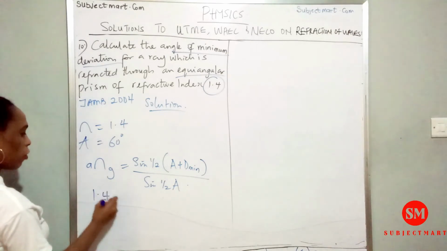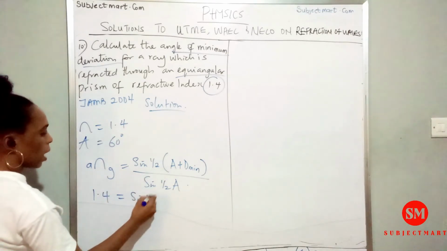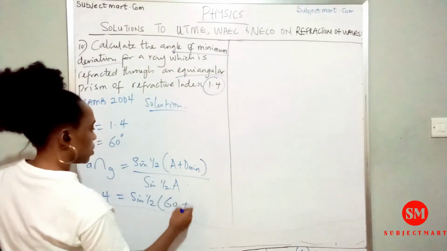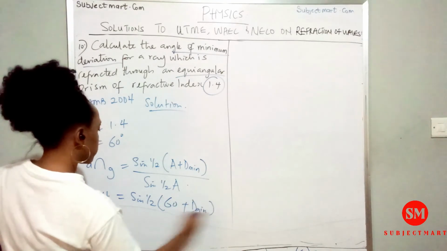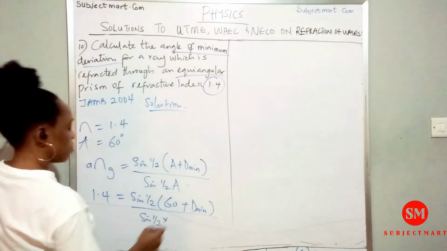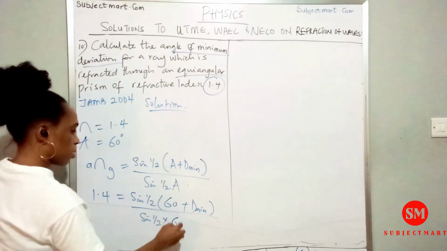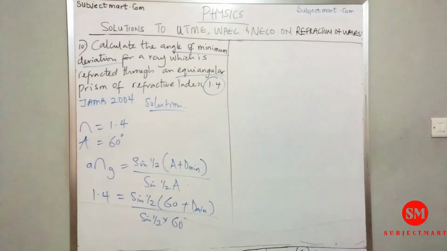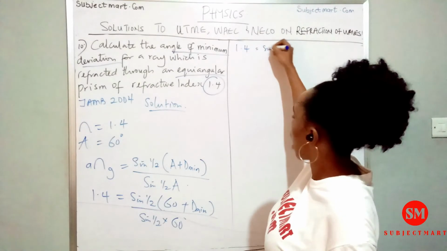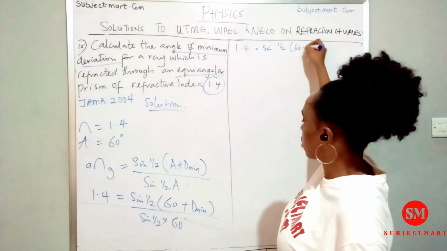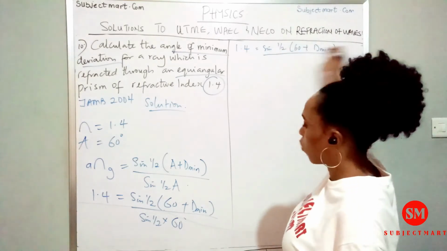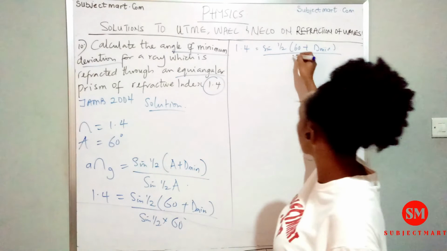I have 1.4 here is equal to sine half A, which is 60, plus D minimum, all over sine half times A, which is 60. So from here, 1.4 is equal to sine half 60 plus D minimum over sine half times 60, that will give me sine 30.